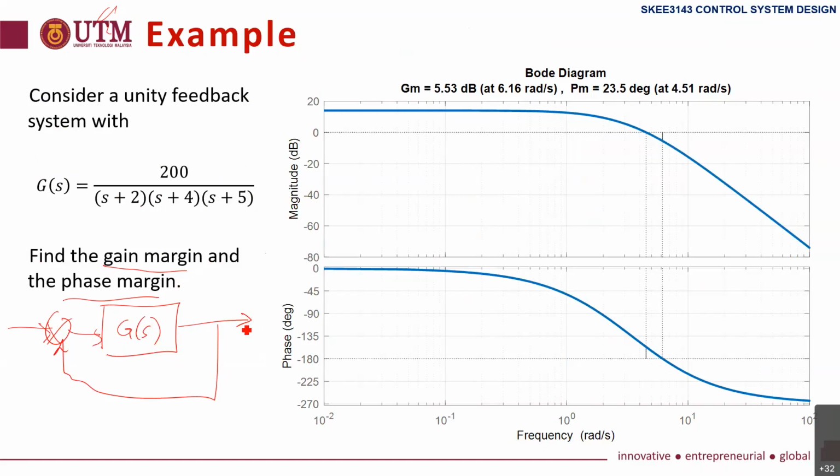First, to find the gain margin, we look at minus 180 degrees. This is the one, so here. And we look at the frequency. The frequency here is 1, 10, 2, 3, 4, 5, 6. So 6 radians per second. Omega gain margin is 6 radians per second.